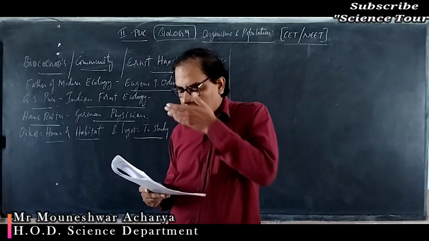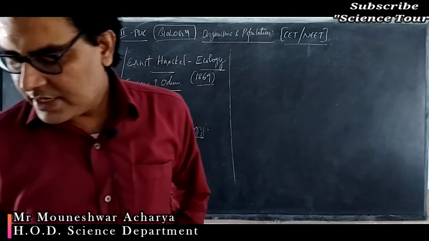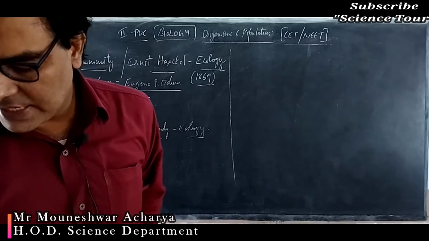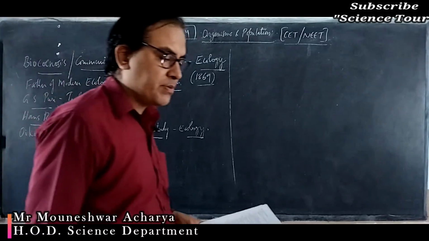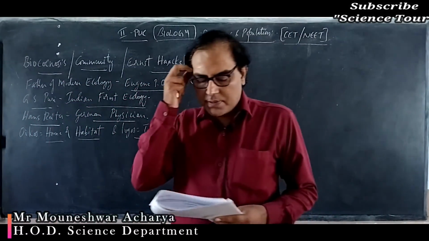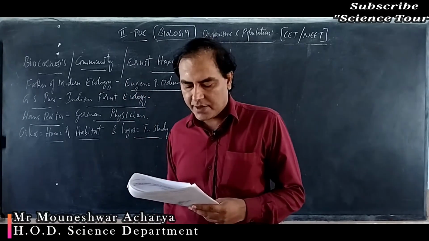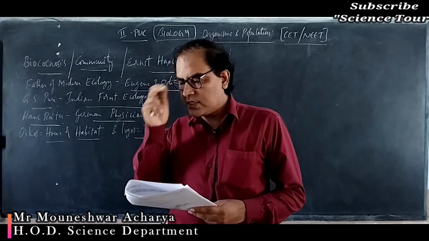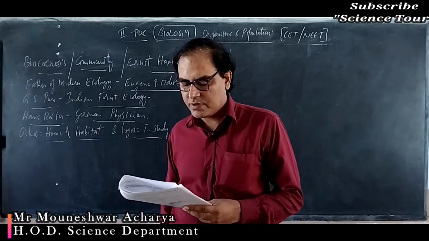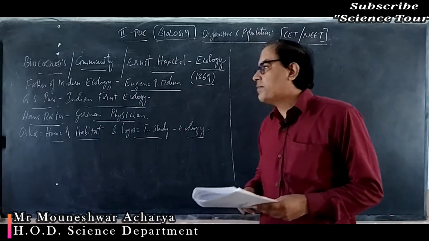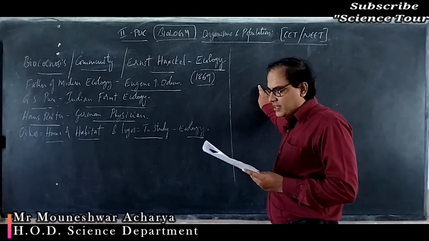For example, they have a defined range of conditions that they can tolerate, the resources they can utilize, and the functional role they have to play in the ecosystem. A person may be living, for example, in America, or a person may be living in India. So the geographical locations may be different. Or I may take the example that a person may be living in, say, Udupi district, or a person may be living in South Kannada district.